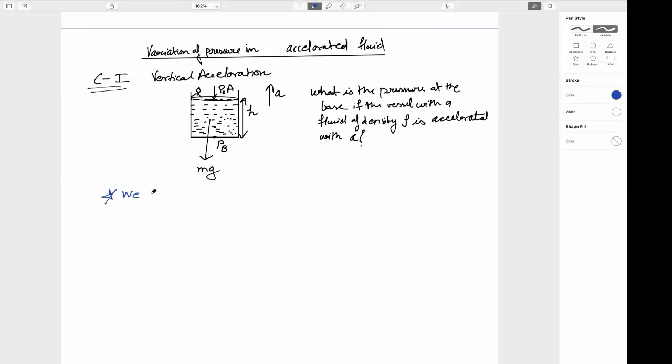We can consider fluid dynamics only if the fluid is separated from the vessel.